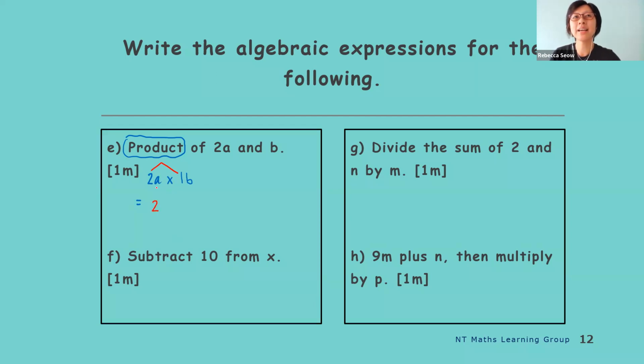The letters that are left are A and B. 1B is B. I just wanted to show that there is an invisible one that is not written down, but we should know at the back of our minds. If we put down the A and B, we have to put it in alphabetical order. So like what Sharon said, it's 2AB.